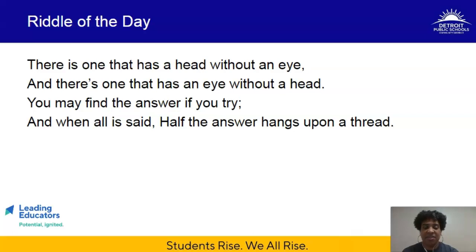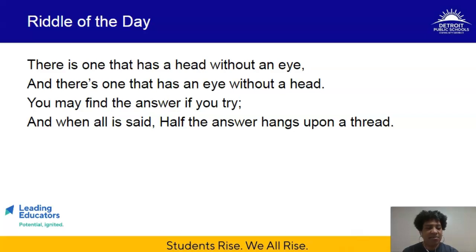So here's my guidance for today, folks, as you contemplate the answer to this riddle. It looks as though there's actually two answers here, right? The first line says there is one that has a head without an eye, and then the other one is one that has an eye without a head. What could possibly have a head without an eye?